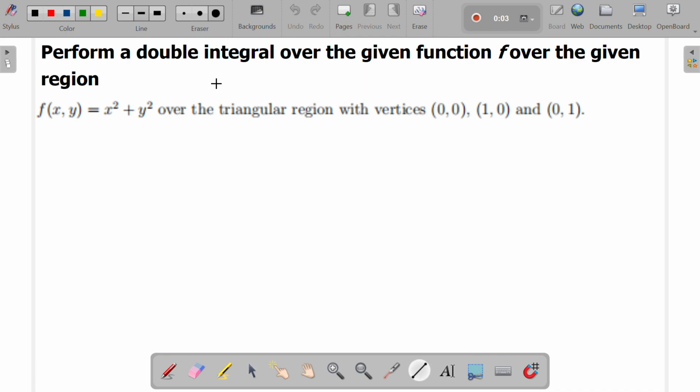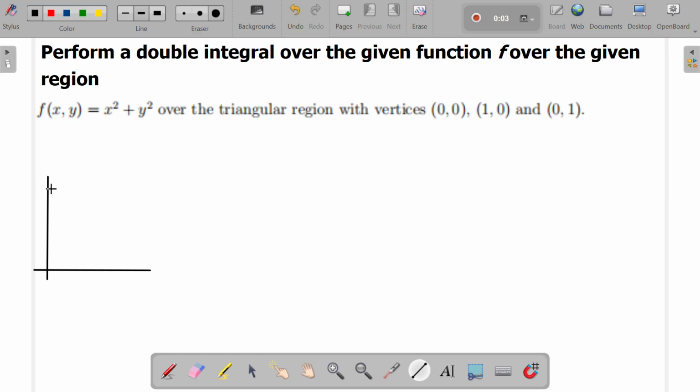So the first thing that I would love to do is to have a sketch of this, so we have a picture of what the region of integration looks like. So let's say we have this as our y-axis, then we have this as our x-axis.